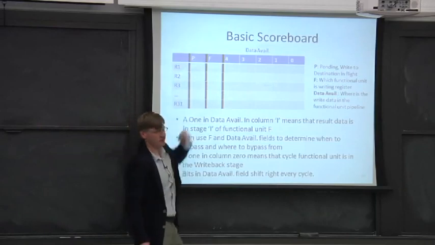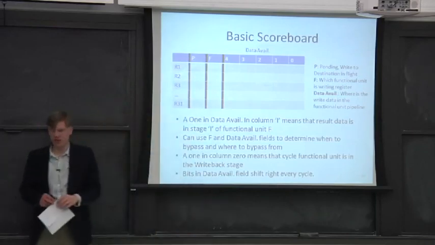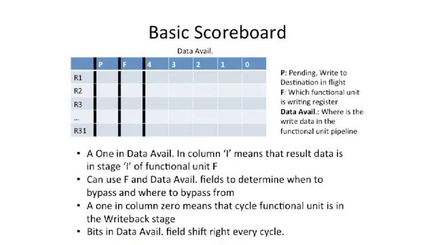So P is one bit which says if there's a write pending to that register. F, or functional unit, keeps track of which of the 3 functional units we should pick off the value from. This is important when we go to do the bypass calculation.